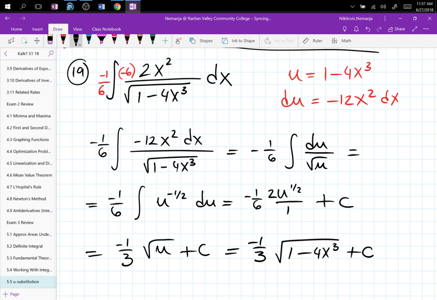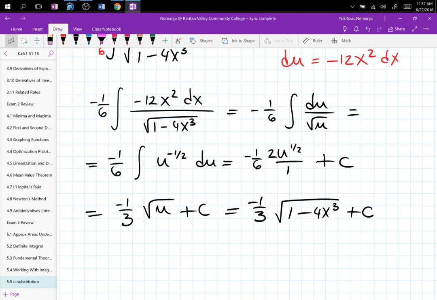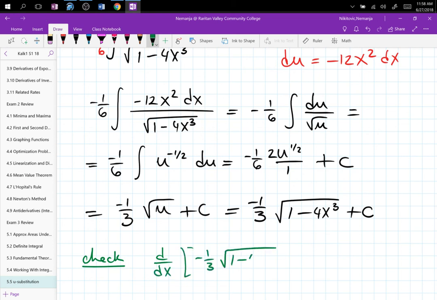Now, the skeptic in you would be like, I don't know. All right, fine. I mean, bring it on. Here. The derivative of -1/3 square root of 1 minus 4x cubed plus c, because we care.